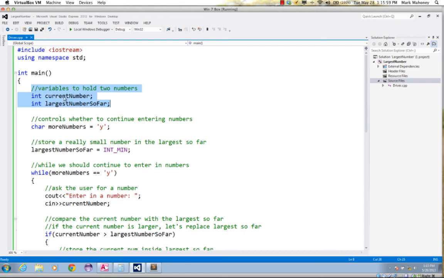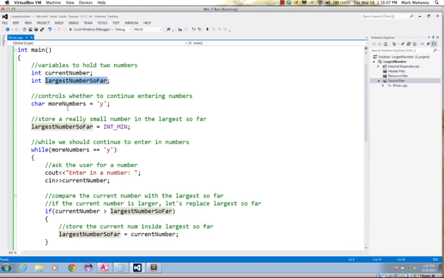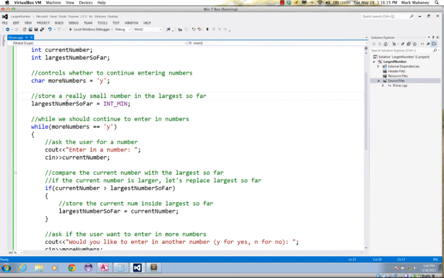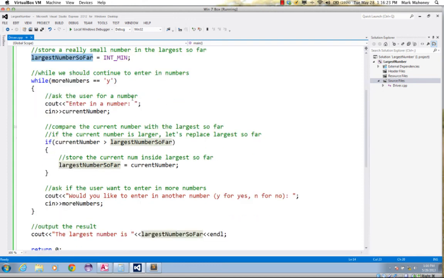Well, this is how you carve out room in your computer's memory to store numbers. So we have one called current number and largest number so far. Here's another, basically a little box that controls whether we want to enter in more numbers. And then one of the things I do here is I store a really small number in the largest number so far. That's my first step.